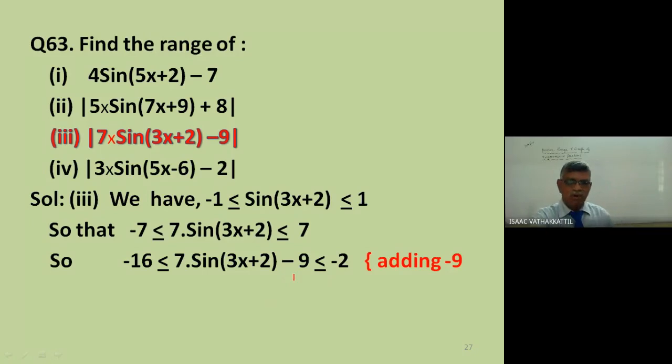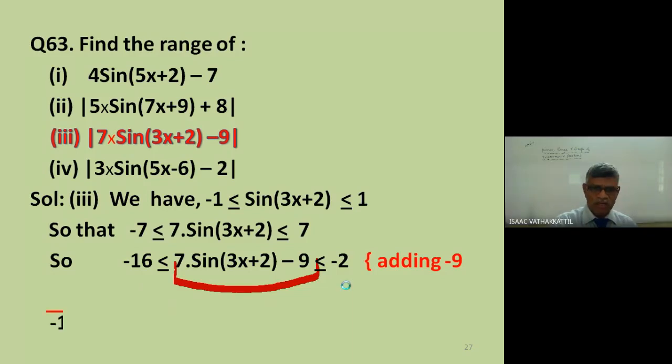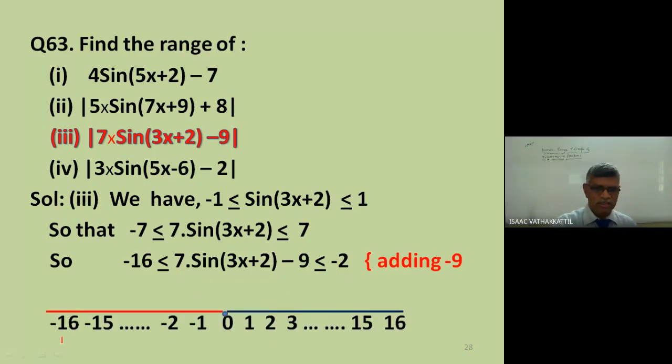How about the modulus now? Look at the quantity 7 sine 3x plus 2 minus 9: it lies between minus 16 and minus 2. What will happen when you take the modulus? Any number between minus 16 and minus 2, when you take the modulus, it goes to 2 to 16.